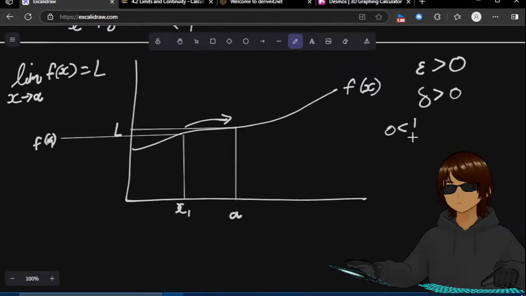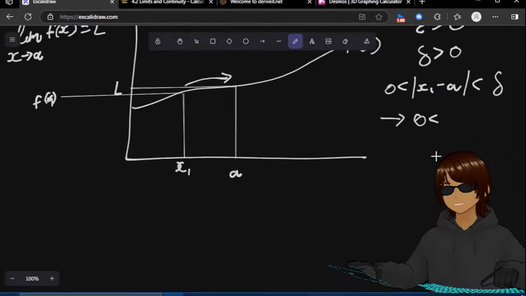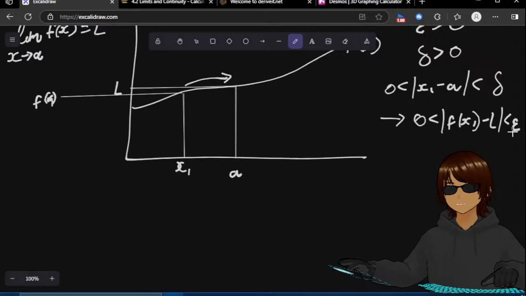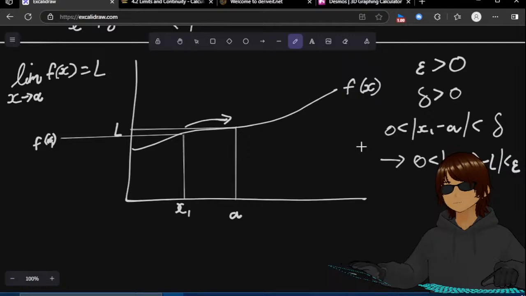So if the distance between them is less than delta, then the distance between f(x) minus L will be less than sigma. That's the definition of a limit.